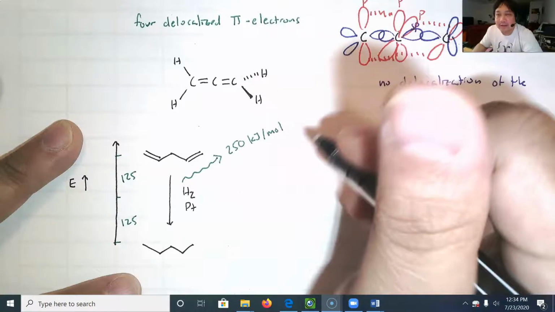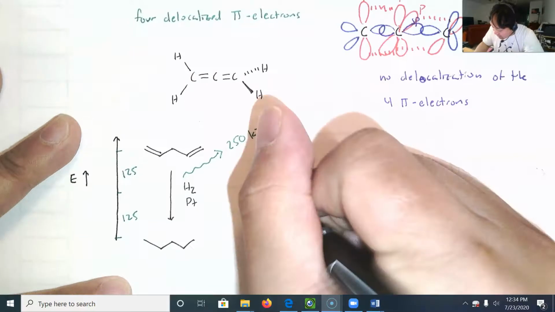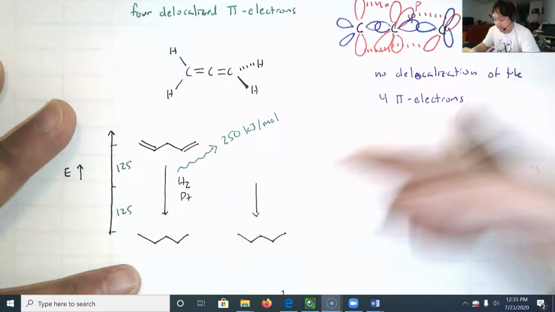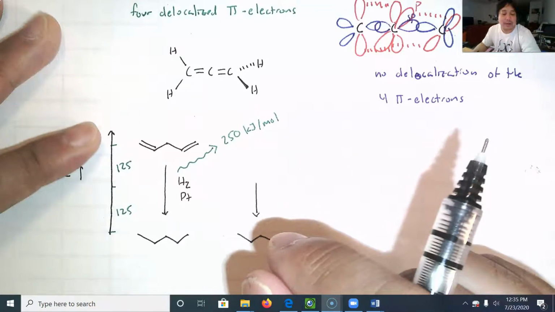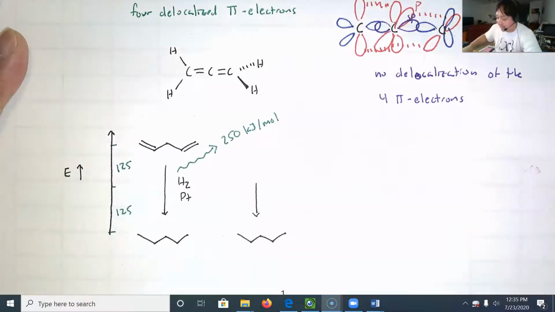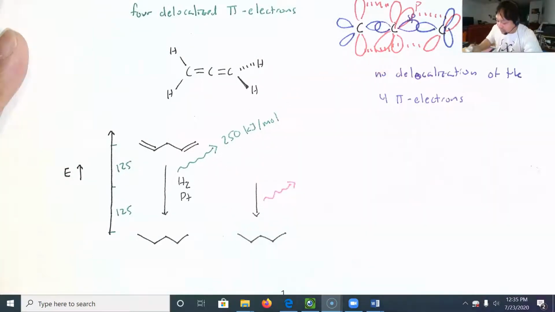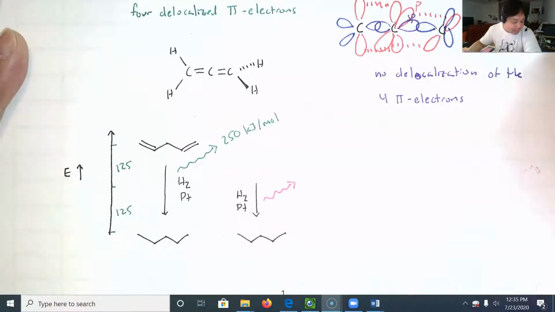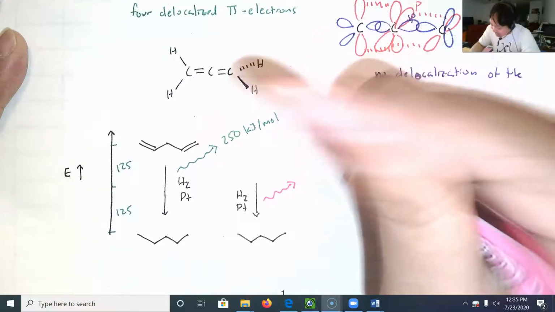But if we have a conjugated diene, when we do the hydrogenation, we get the same pentane. We end up in the same spot. How much heat is released, though, when we hydrogenate a conjugated diene? The amount of heat we release is going to be about, give me a second, let me figure this out, 226.